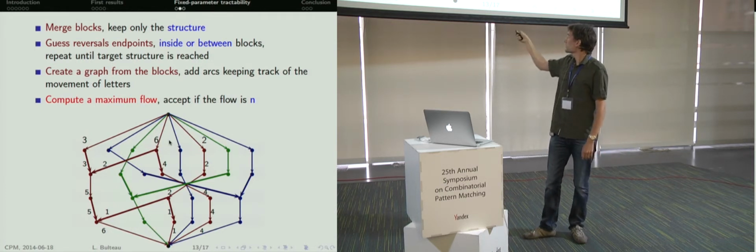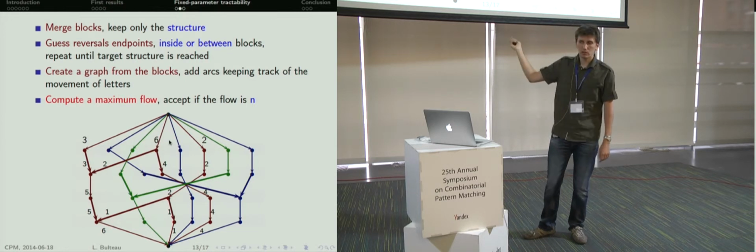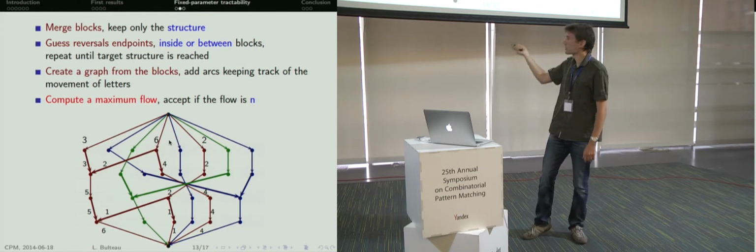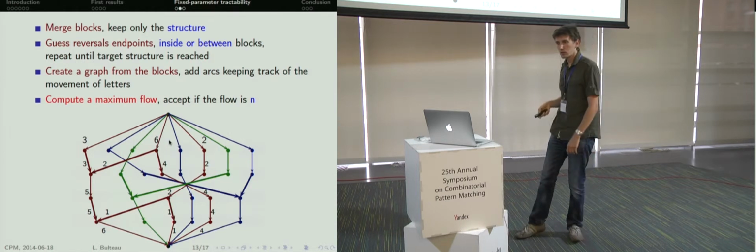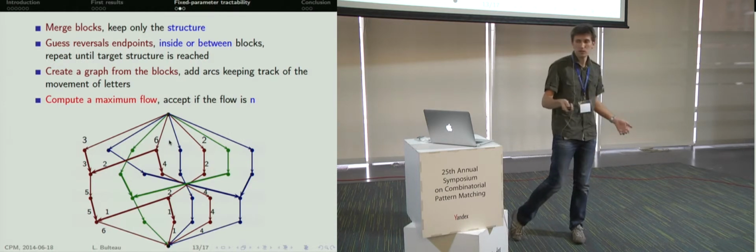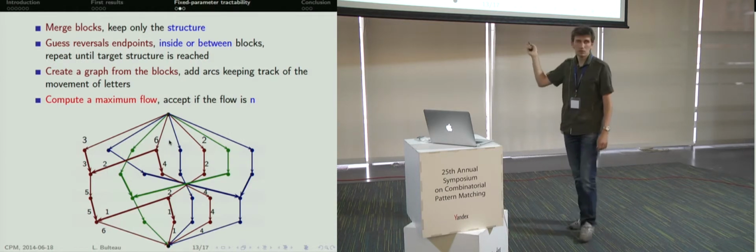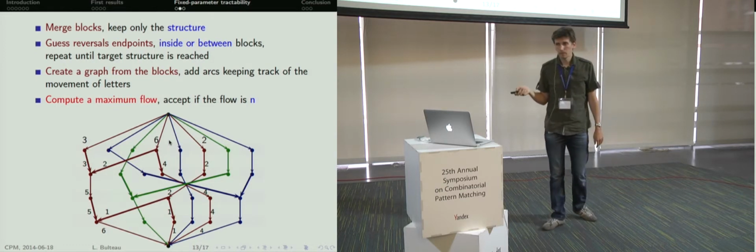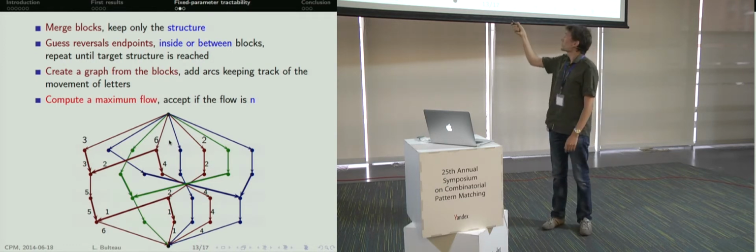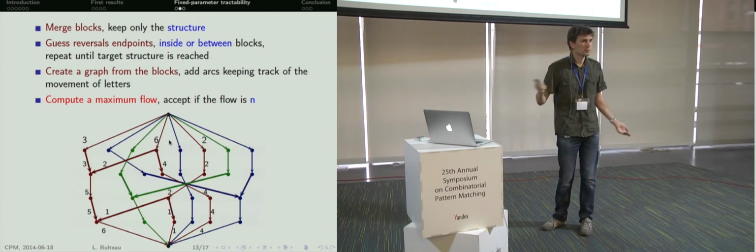The block of size 5 matched with the 1 letter which came from here, which made a block of size 6. So if there is a flow of size n, then this structure gives the solution. Otherwise, well, the guess must have been wrong, and we've got to guess again.